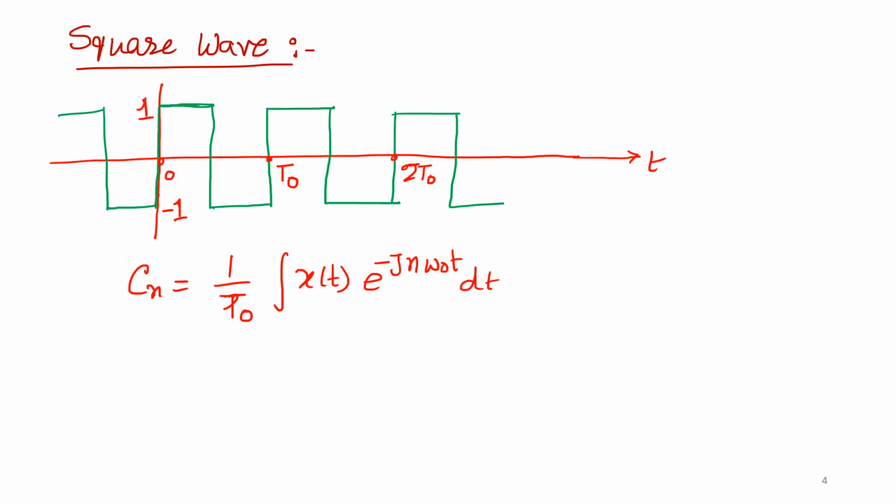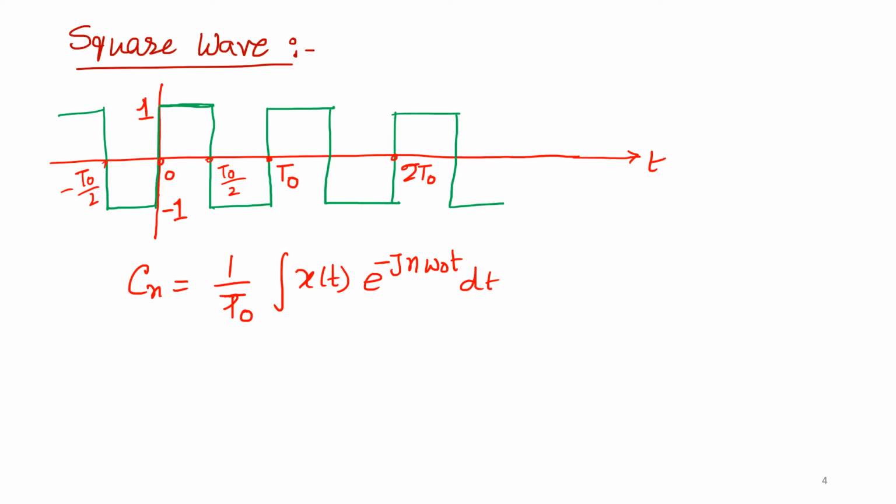Now here, suppose I consider one range from here to here. This is t naught by 2 on the negative side, and this is t naught by 2 on the right side.